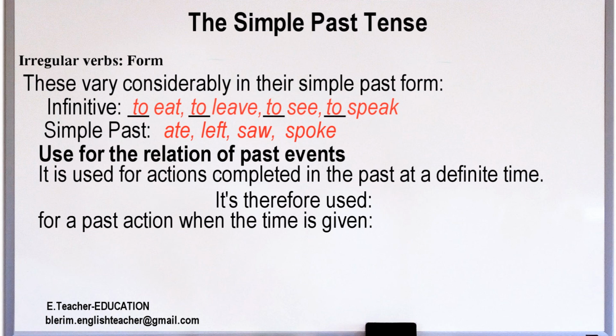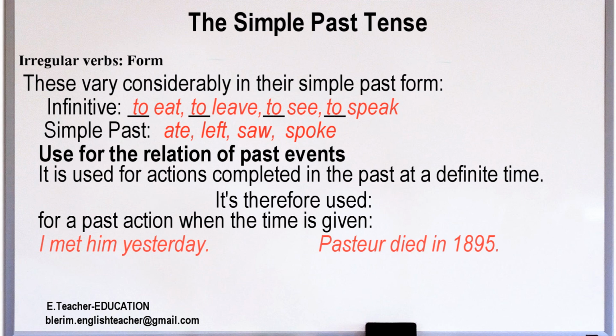For example, I met him yesterday. Pasteur died in 1895. Now, here we have the first one. Met is the past of an irregular verb, and the time is given here, yesterday.